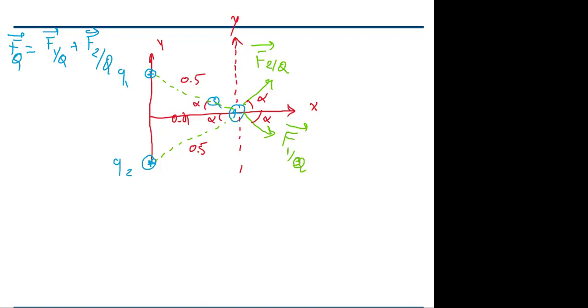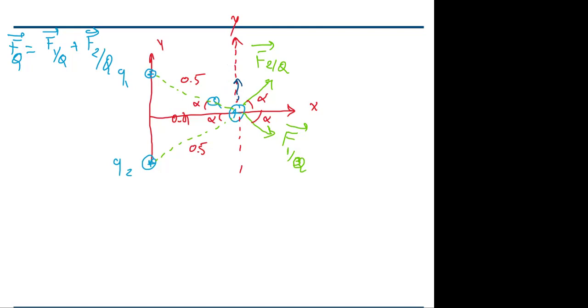Good. So let me draw with another color. This is the component of F2 on Q along Y, and this is along X. It's clear that it has two components.